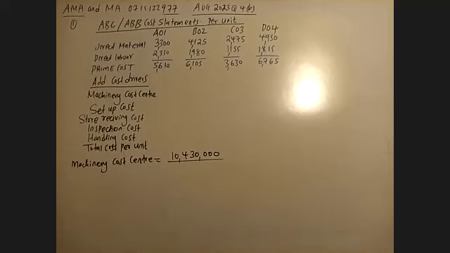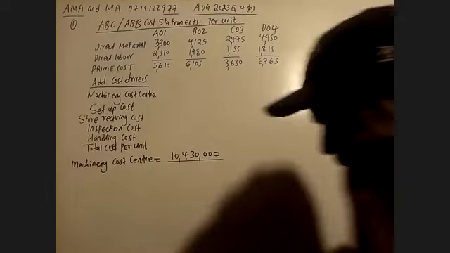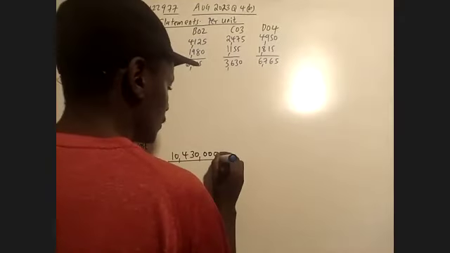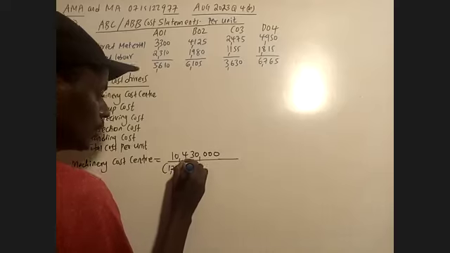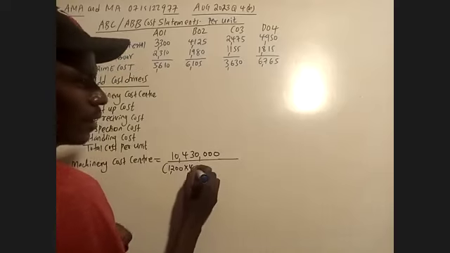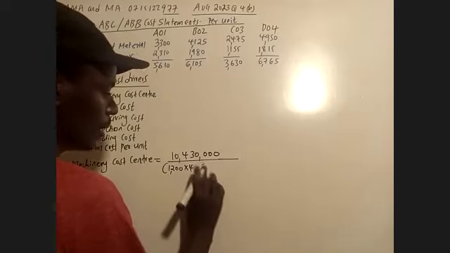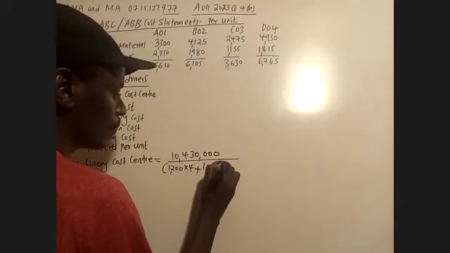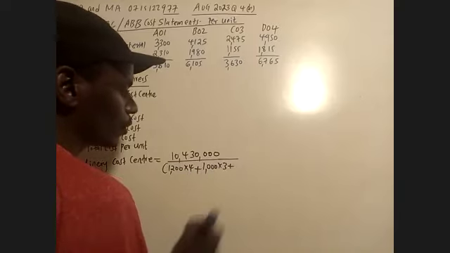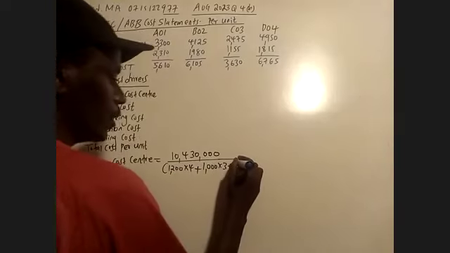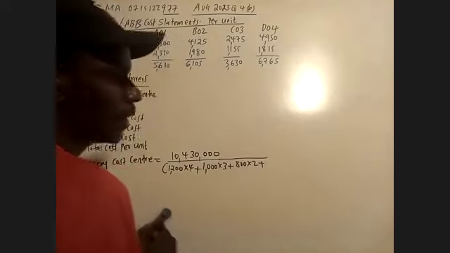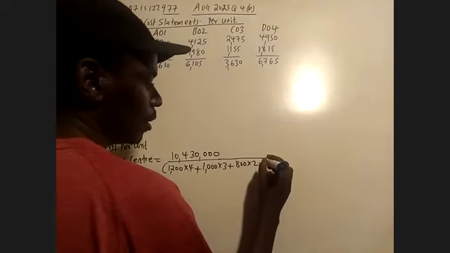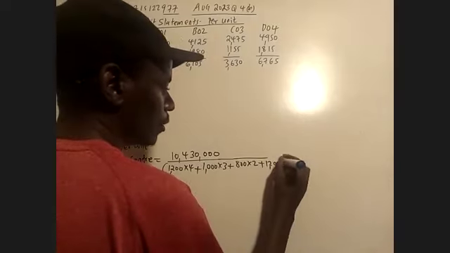So tunakuja tuweke hapa: 1200 times 4, 1000 times 3, machine hours 800 times 2, and then 1200 times 3.